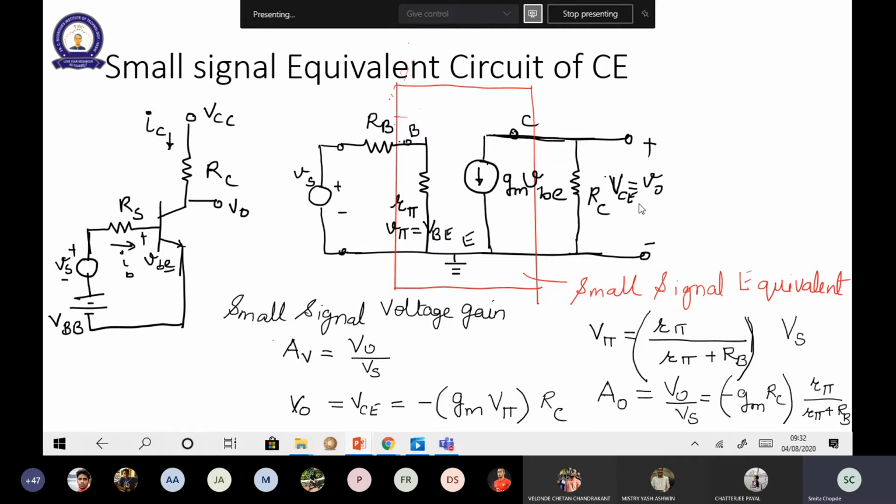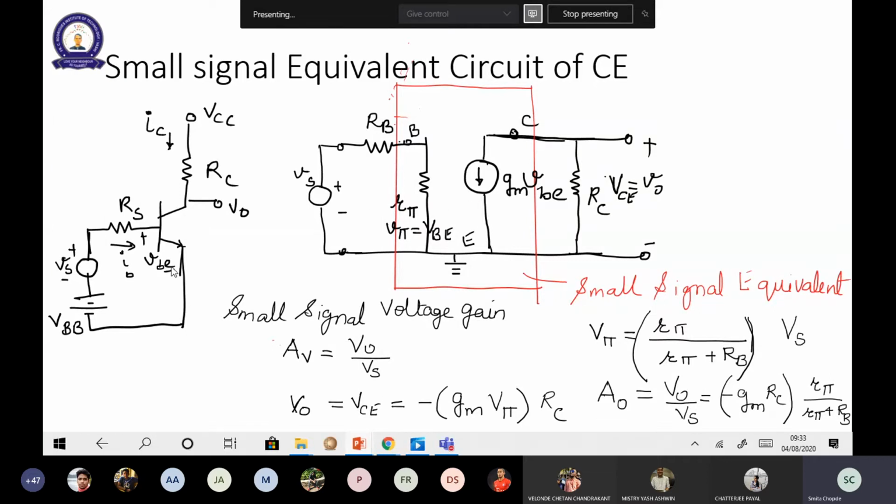This is DC polarity, this is AC polarity. Just don't confuse. Whatever small-letter parameters are shown represent an AC signal, and whatever are written in capital letters represent your DC parameters. Just don't get confused on this configuration.